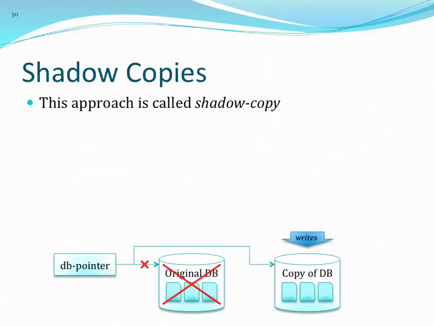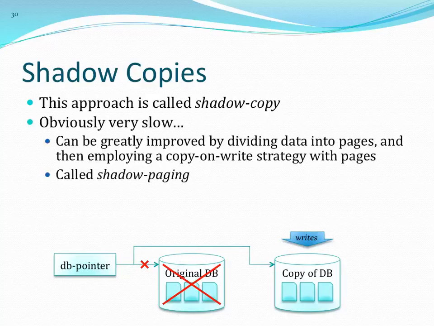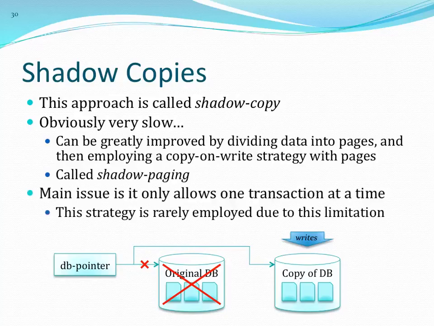So really quickly, shadow copies. Yeah, we're going to go a little bit over time, but you guys have been making some really good observations. So this is called shadow copies. And the one obvious issue is that we have a lot of I/O being performed. You can improve that by doing shadow paging, which is what your operating system actually does with virtual memory.